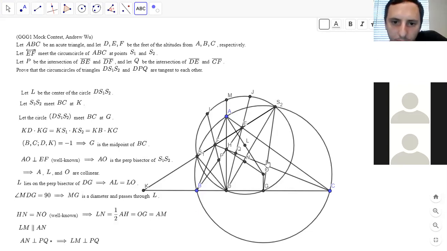So yeah, we're trying to show IJ is parallel to PQ. So we have LM is perpendicular to PQ. We also know LM is perpendicular to IJ because we know M is the midpoint of arc IJ. So let me make some room here.